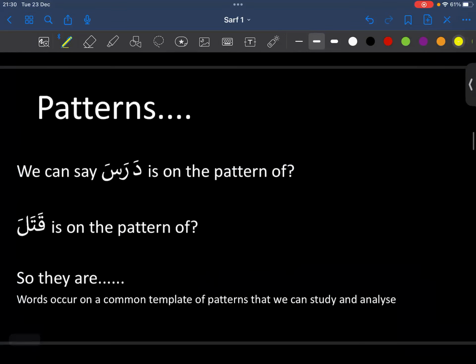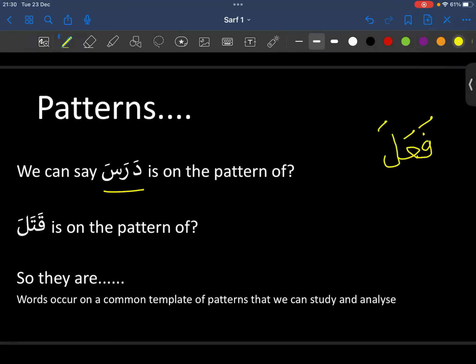So, for example, the word darasa, you can take this word, and we will replace the first root letter with a fa. So, in place of a dal, we will put fa. The second root letter is replaced with a ain, and the last root letter is replaced with a lam.